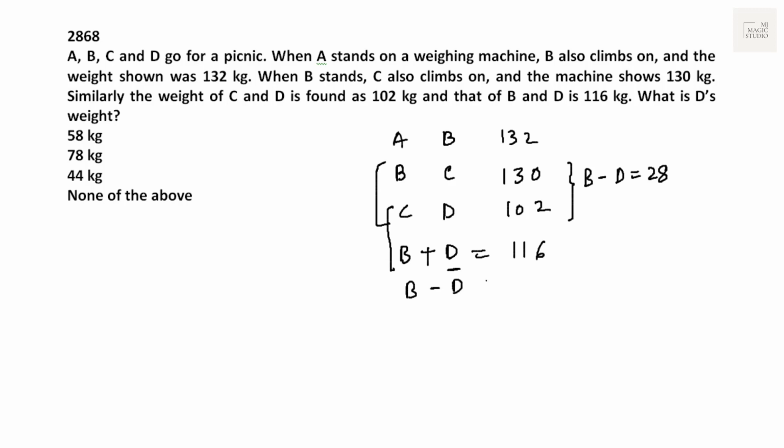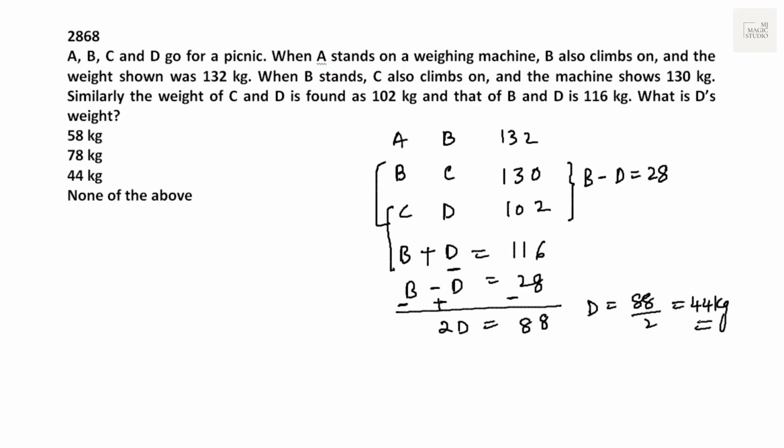I subtract this, then 2D equals 88. Weight of D is 88 by 2, that is 44 kg. What is D's weight? 44 kg, that is option C.